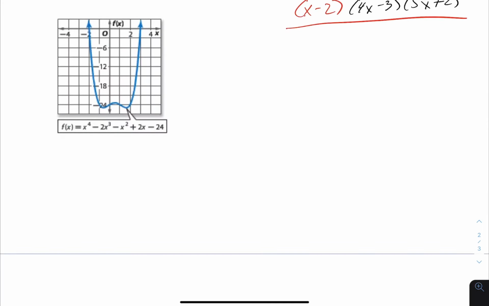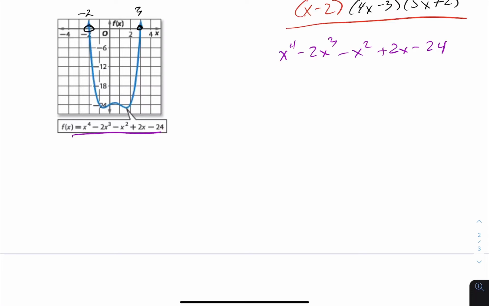Last one. This is x to the 4th minus 2x cubed minus x squared plus 2x minus 24. Now, which ones do I know work? The x-intercepts that cross nicely. Negative 2 and 3. Now, I only see 2 that cross.